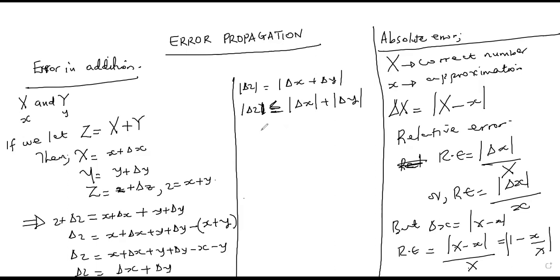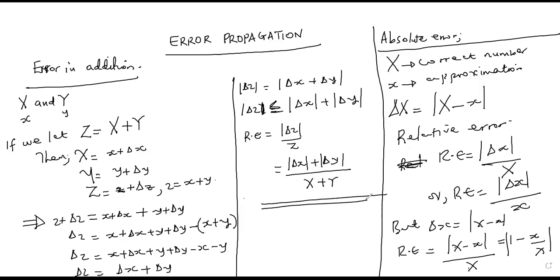So the relative error is going to be equal to delta z over Z. So it is going to be delta x plus delta y over Z, which is X plus Y. As simple as that. So that is how we propagate the error in addition. So let's look at the error in subtraction.